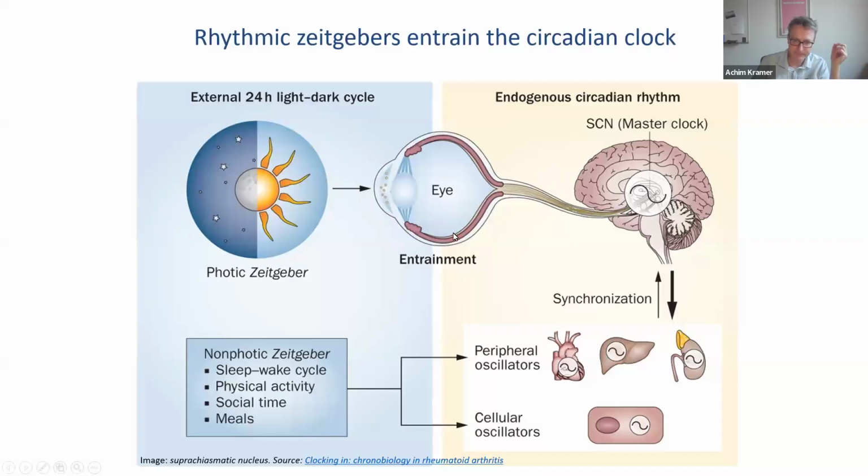And this is done by light perception through the eyes. And you may know that it's not primarily the rods and cones being important for entrainment, but a fraction of retinal ganglion cells expressing the blue light photopigment melanopsin. The rods and cones have also their roles, but these retinal ganglion cells directly project to the SCN, suprachiasmatic nucleus, and reset the clock.